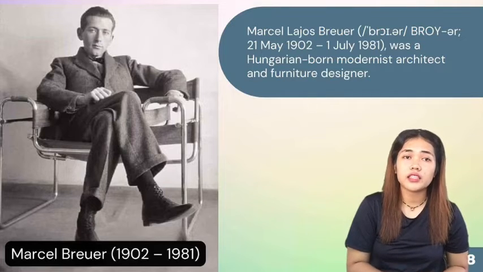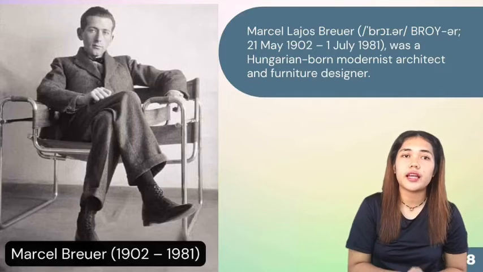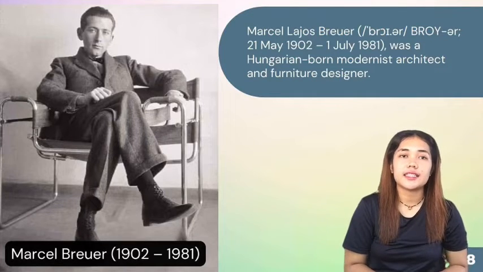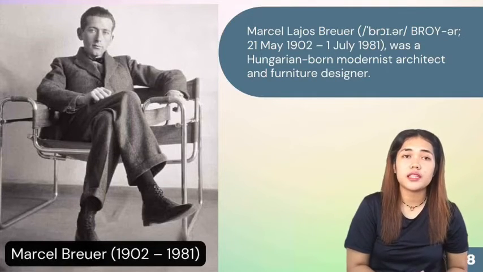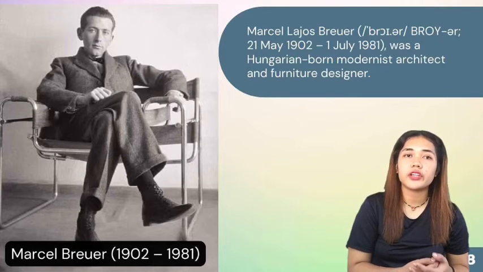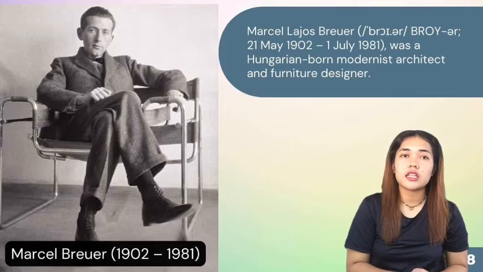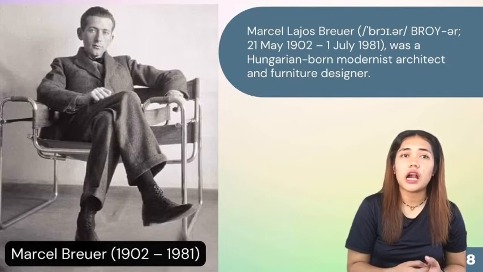Breuer advanced fast through the Bauhaus ranks, first as a student, then as a teacher, and finally as the head of his own business. Breuer, probably most famous for his distinctive chair designs, frequently collaborated with other designers, building a vibrant global business that finally secured his status as one of the most influential architects of the modern era.